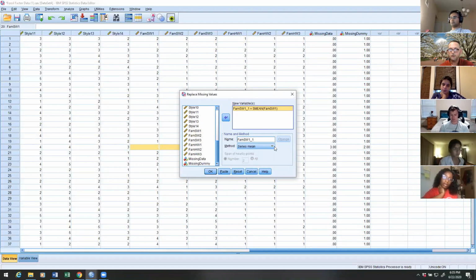So sometimes people replace with the mean. That's an option that's offered a lot of times here in this analysis. What will happen is the software will calculate the mean for this variable, and anytime there's a missing space there, it'll just put in the mean.